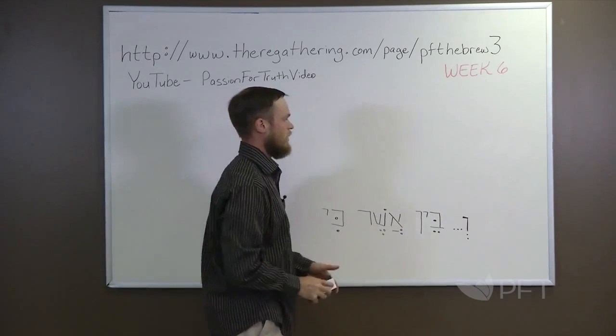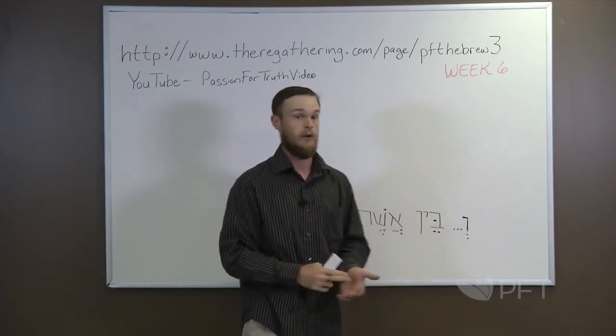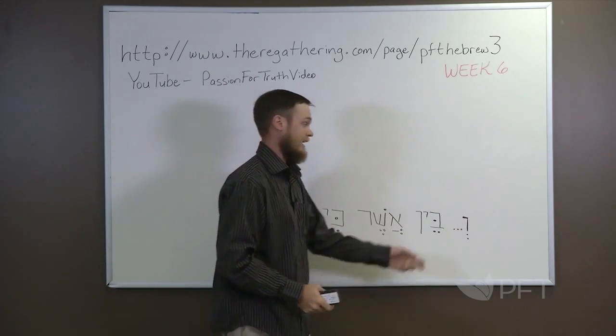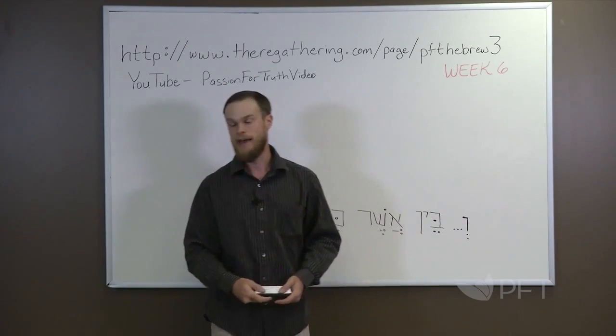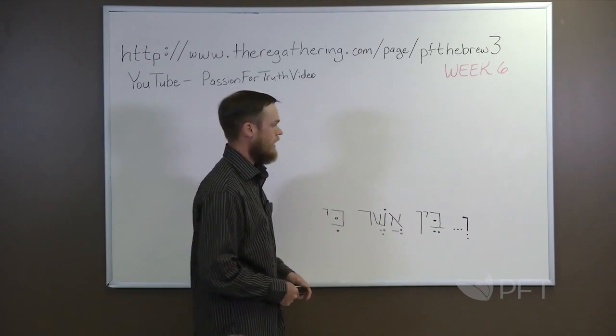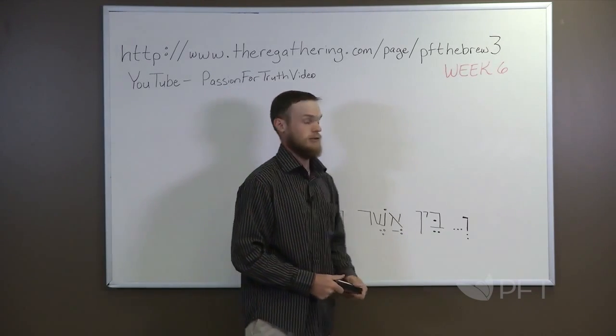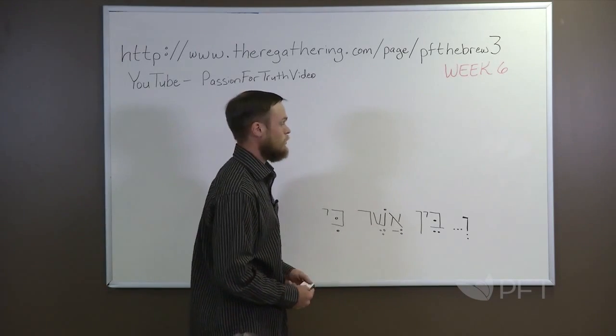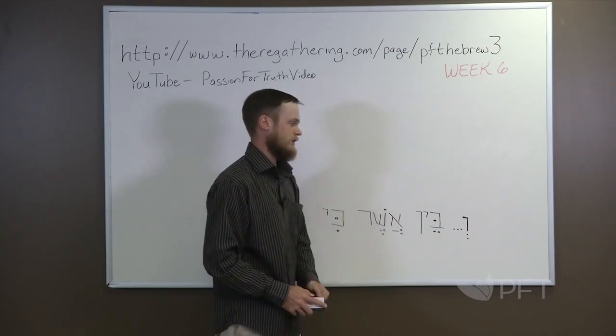One you already know. It is the prefix vav, which means and. That is considered a conjunction. It's the most fundamental conjunction, and it serves the most fundamental connection. It's just adding to. So the vav prefix is a conjunction.